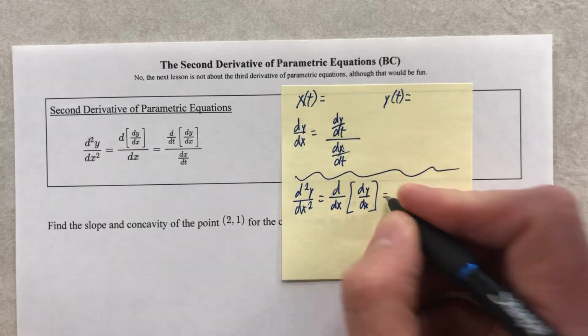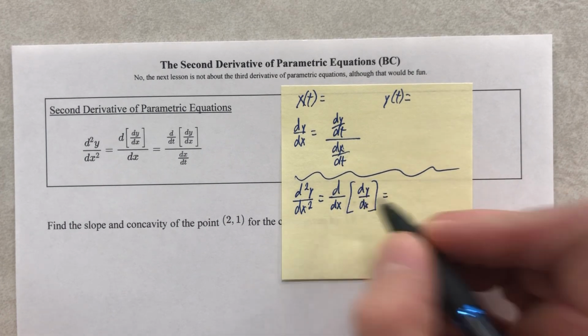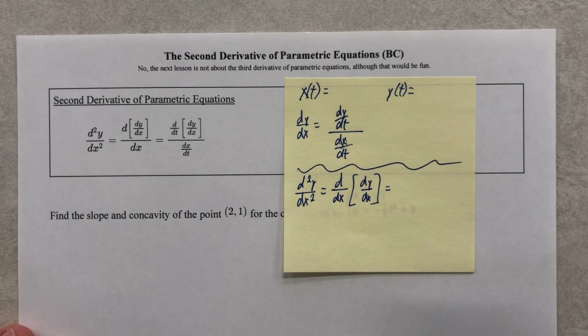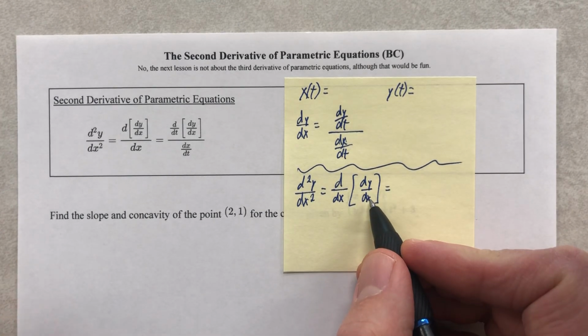So what I want to do is take the derivative of this. Keep in mind that all of these are functions of t, so the variable that we're really dealing with is time. The independent variable for this and for that is t.